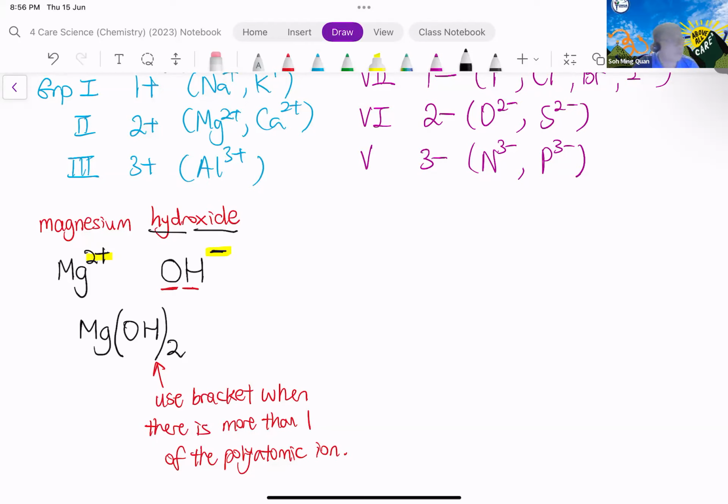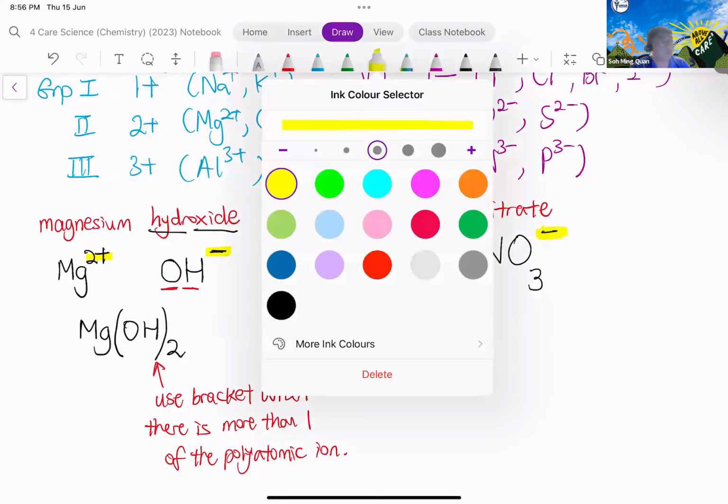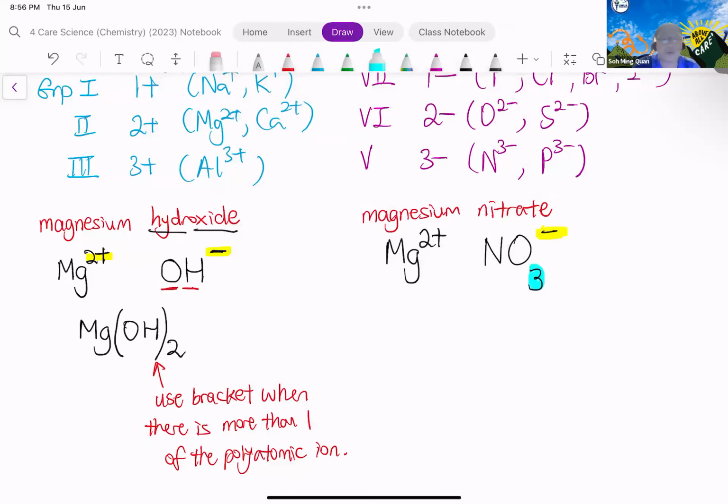Now, another common polyatomic ion, and we will continue to use magnesium for now, is nitrate. Magnesium nitrate. So magnesium again is Mg, the charge is 2+ because it's in group 2. Now nitrate is one that you have to memorize. Now you must be able to distinguish when the number is at the bottom and when the number is on top.